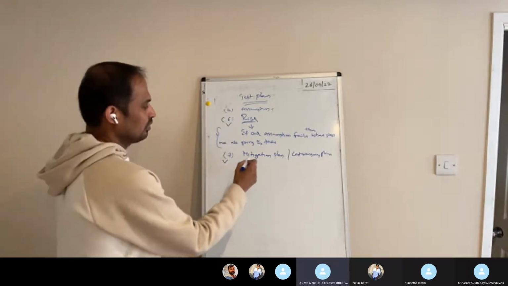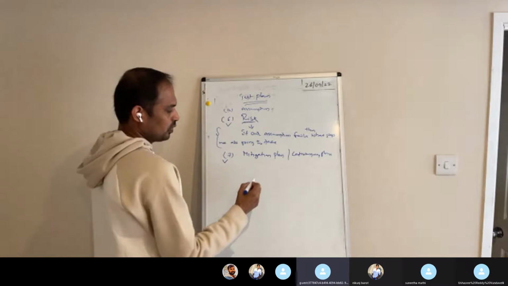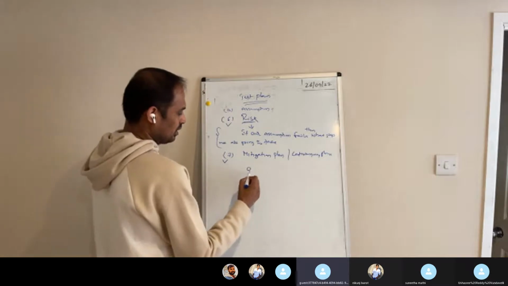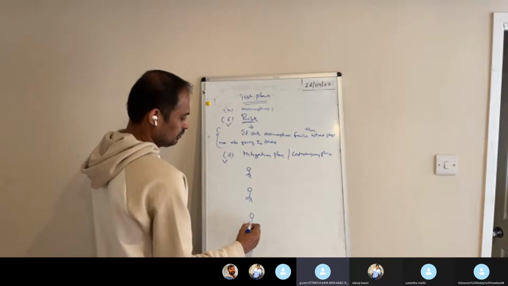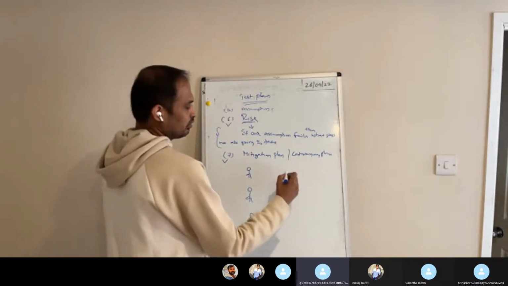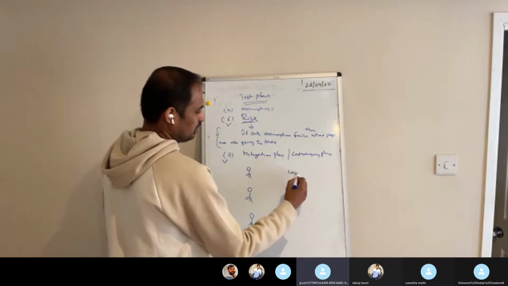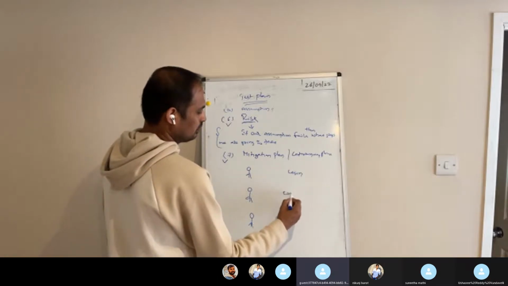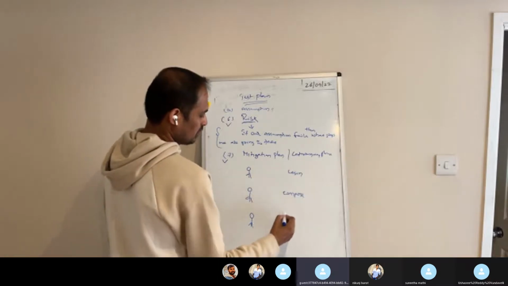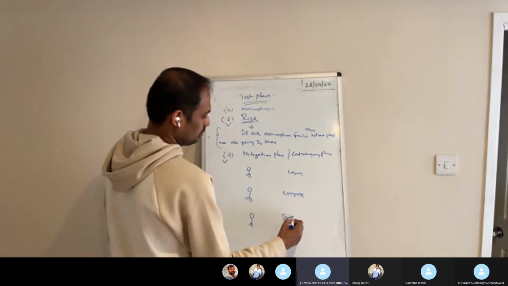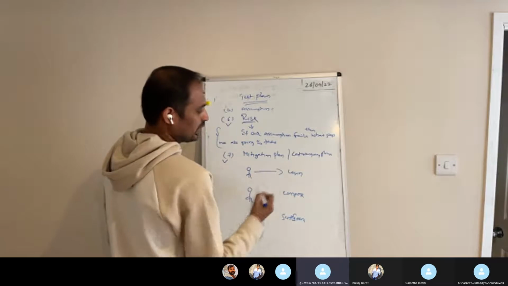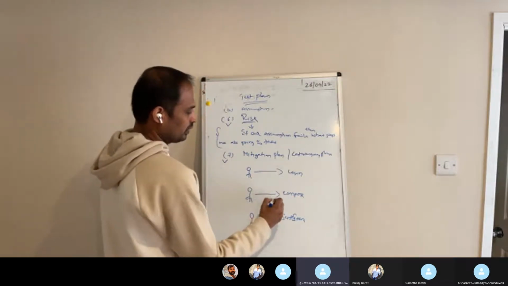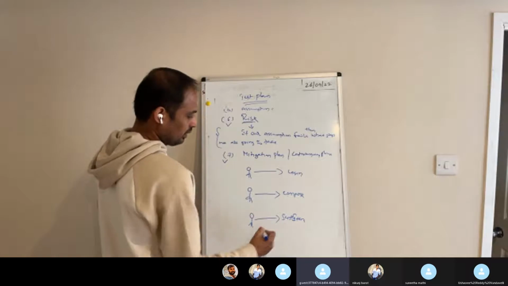Suppose in the mitigation plan we have three testers, as I told you. We have login functionality, compose mail, and sent items. One takes care of login, one takes care of compose mail, and one takes care of sent items.